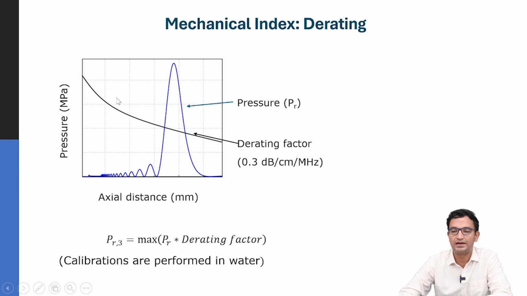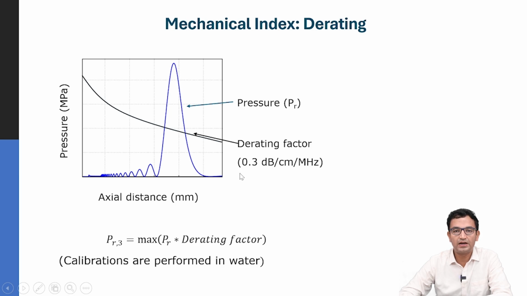Now let's discuss derating. So how do we know the acoustic pressure in situ? Typically it's very challenging to assess acoustic pressure in situ in vivo, and therefore these measurements are generally performed in a water tank in a calibration system, and then an approximate derating factor is applied.